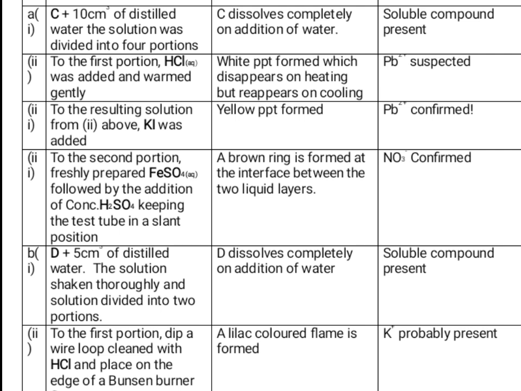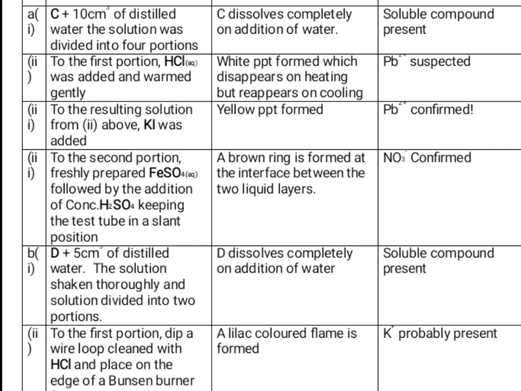Remember, one of the ways to confirm the presence of lead 2 ion is to add potassium iodide to any solution that contains lead 2 ion. A yellow precipitate will be seen once the potassium iodide is added to the solution. So that is the confirmatory test for lead 2 ion. So under the inference, you can write Pb2+ confirmed.